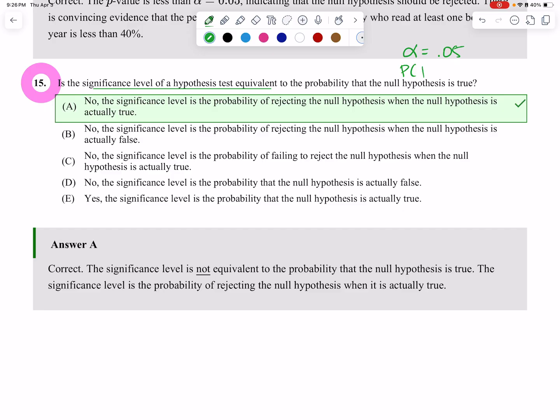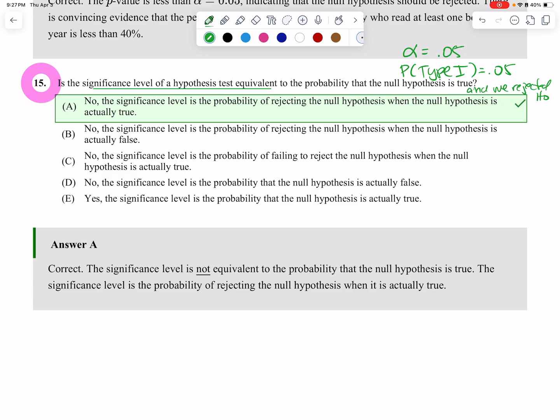The probability of a type 1 error is 0.05 if this is true and we rejected the H0. So that's why it's no, it is not.